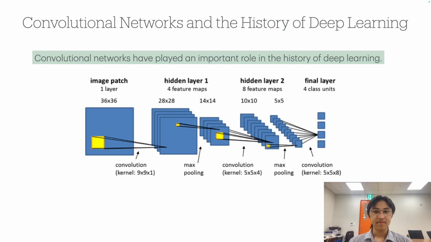And lastly, let's talk about the history of deep learning and how convolution networks affected it. Convolution networks have played an important role in the history of deep learning. They are a key example of successful application of insights obtained by studying the brain to machine learning applications.